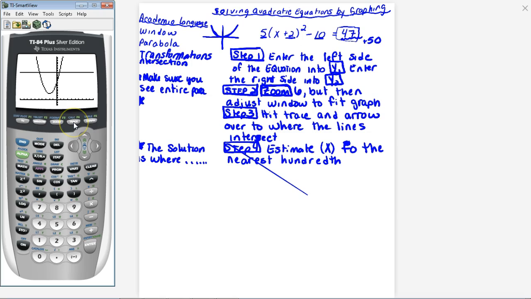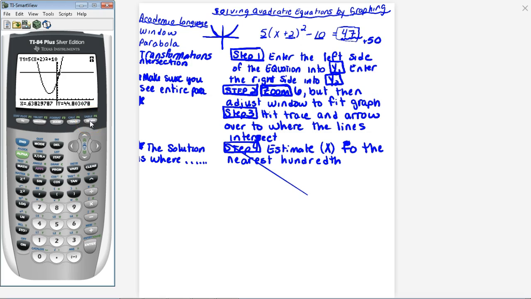Trace is right here. Hit trace, and I'm going to arrow over first one way to the right. Do you see my little spider there? And I'm going to estimate, I know y should be 47, right? And I want to estimate my x. This is going to be easier if I use the table where y is 47. So x is going to be close to 1 maybe. Let's do second table.